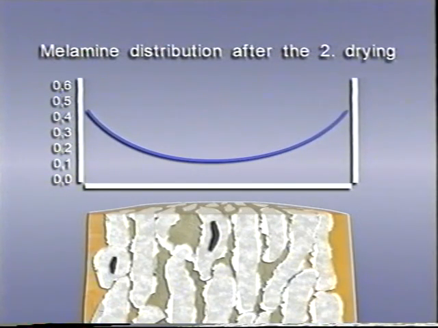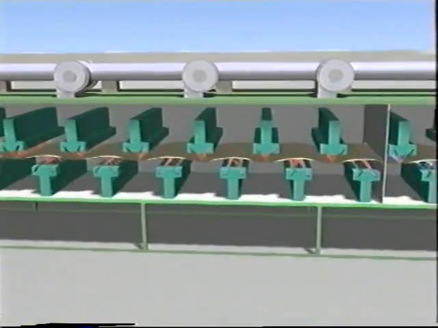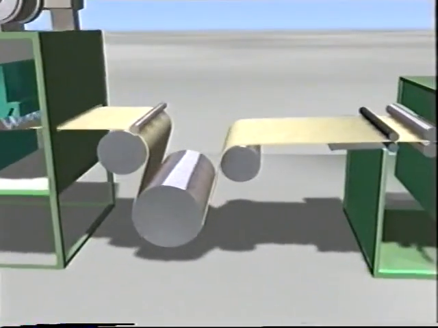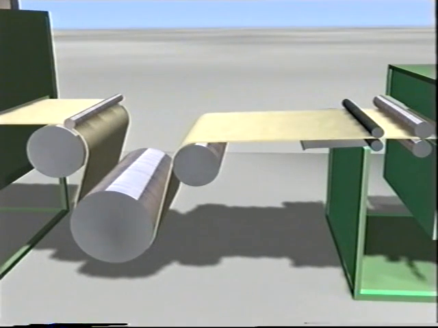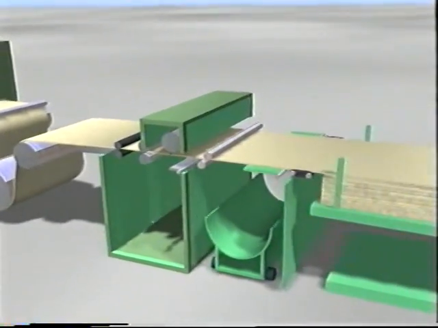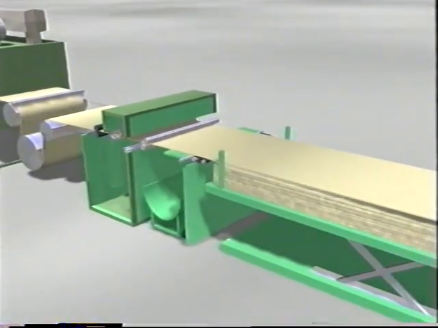In many instances, however, melamine is also found in the core following the second drying phase. After the web has left the second drying zone, it's cooled. At the end of the impregnation treater, the sheets are cut and stacked.